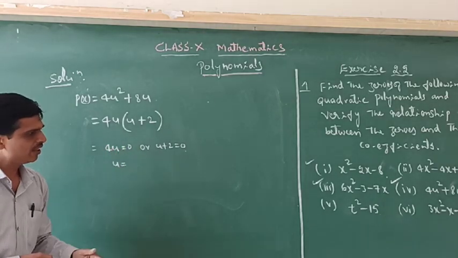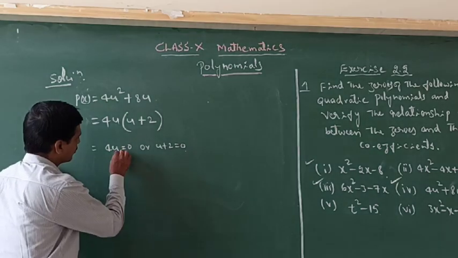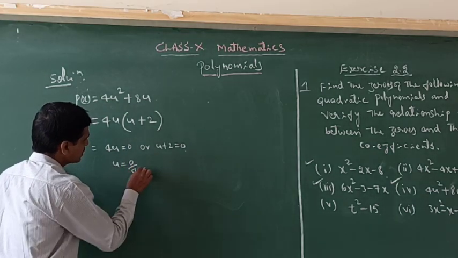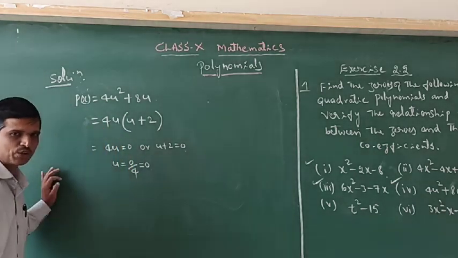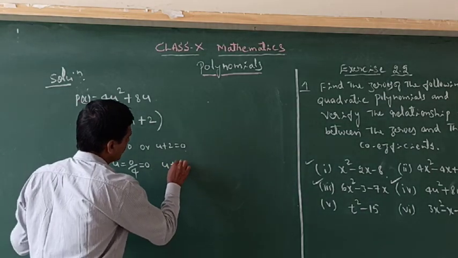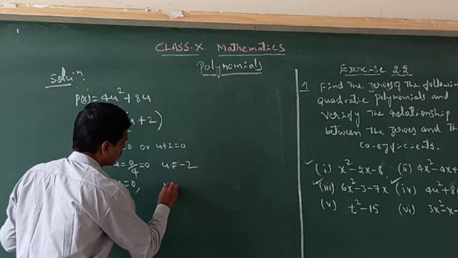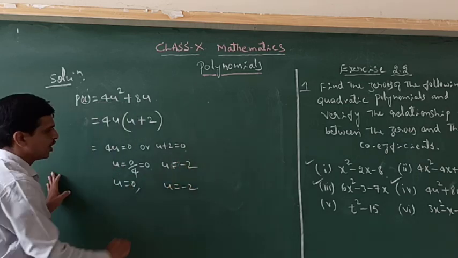Instead of x and y, you may use u, s, t, p, q or anything. So this value is equal to 0. One value came, that is 0. Another, u plus 2 means u is equal to minus 2. Therefore, the final values are 0 and minus 2.